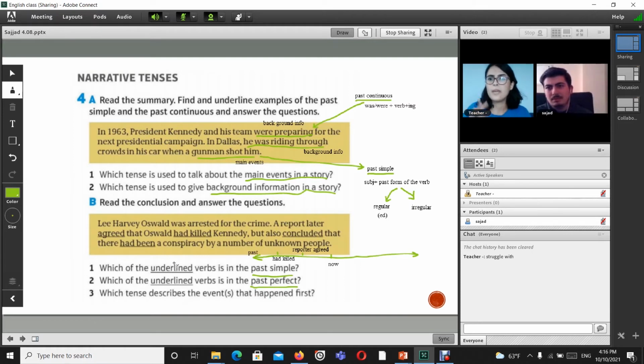They went home, it was dark, they opened the door, they went inside, they heard a noise. Look, it's all past simple. So when does it become past perfect? When there is a sequence, when something else matters. Something happened, but something happened before that. All right? Okay, good. Let's do something.